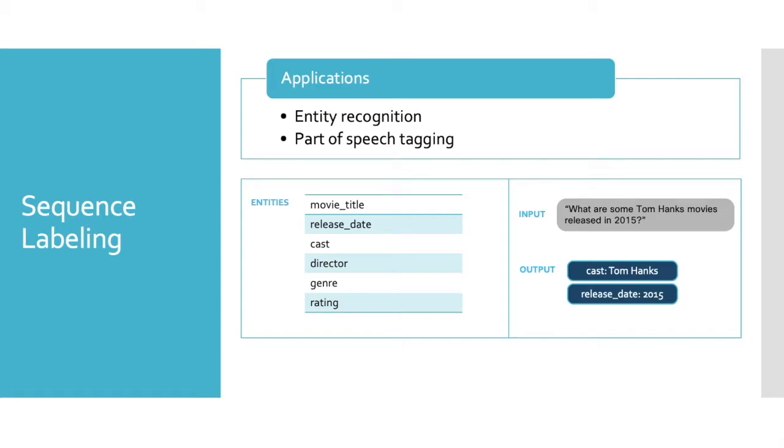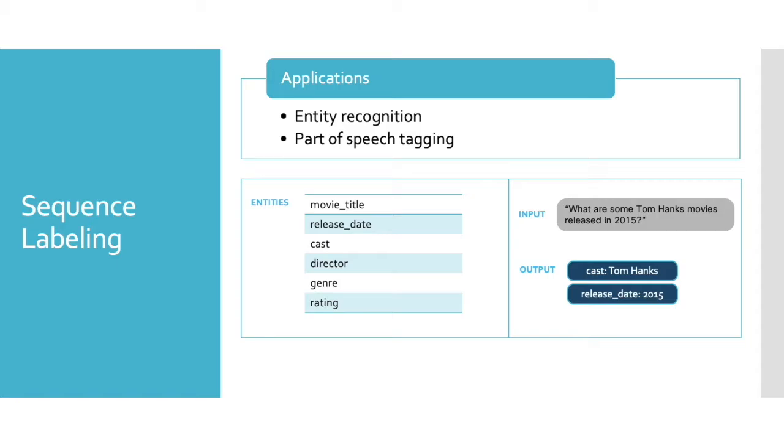Again, your input is a piece of text, but now you output a label for every word or token in that text. Some applications of this are entity recognition and part-of-speech tagging. Entity recognition, for example, is the problem of extracting keywords or phrases from the text.